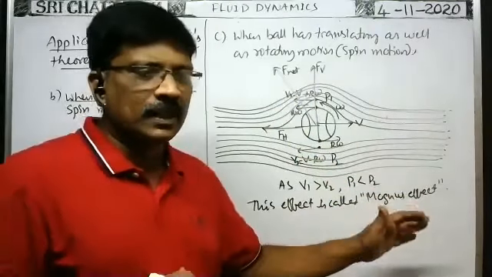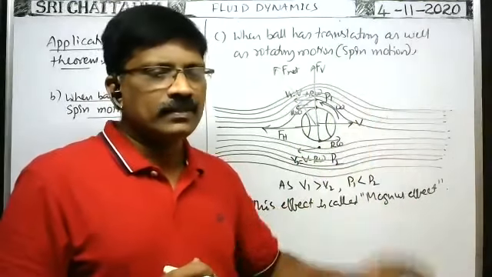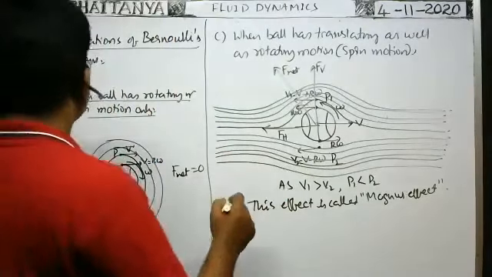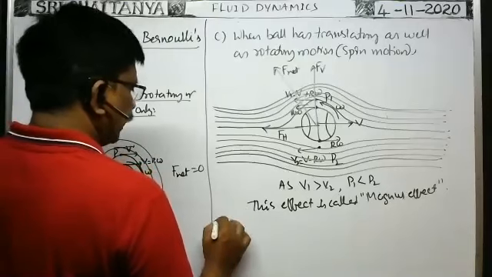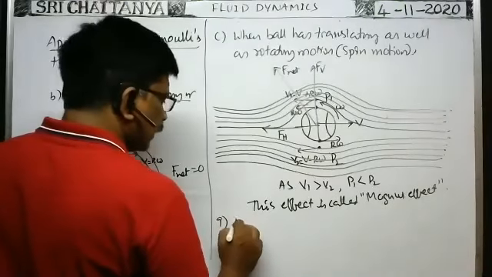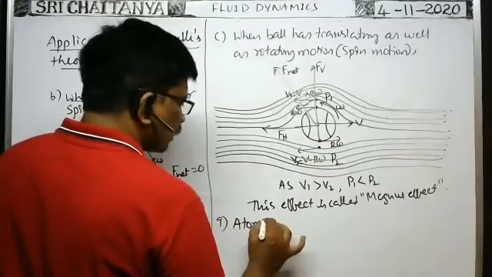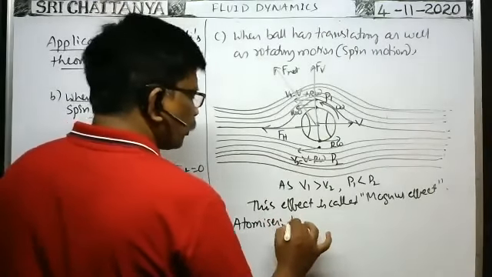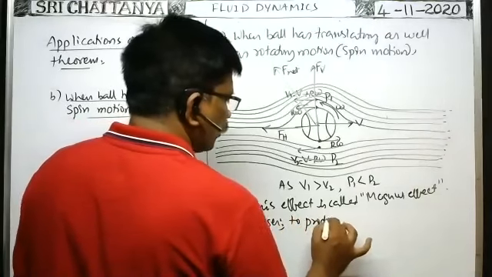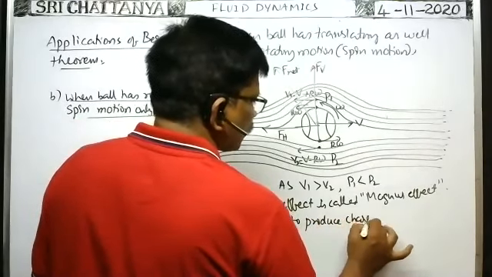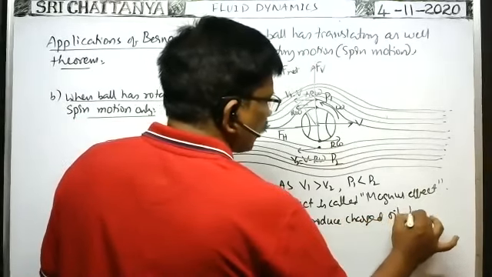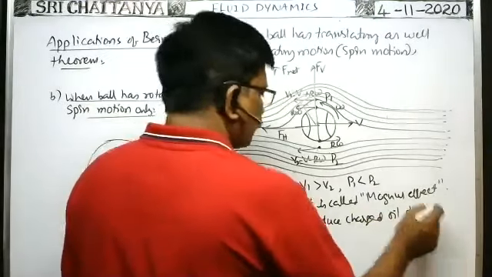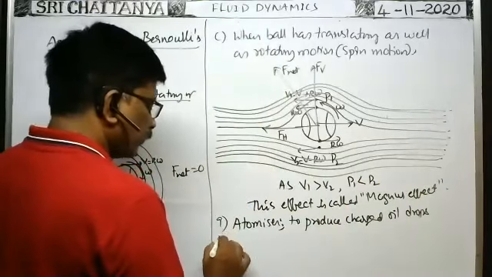So the Magnus effect is also because of Bernoulli's theorem. Okay, these are the applications of Bernoulli's theorem. Next, the ninth one, atomizer. Atomizer is the device to produce charged oil drops, and it works on the principle of Bernoulli's theorem.